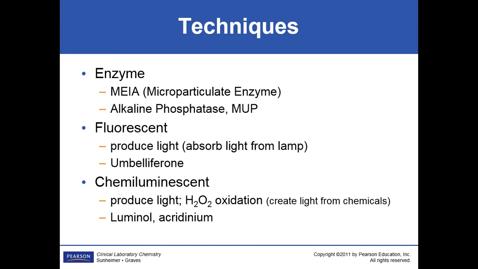Fluorescence, we're producing the light. Okay. Umbelliphone is one that we use. Chemoluminescence, we're also producing light. We are oxidizing from peroxidase, and luminol and actinium. This is some of the same information that was on that chart I just showed you, okay?